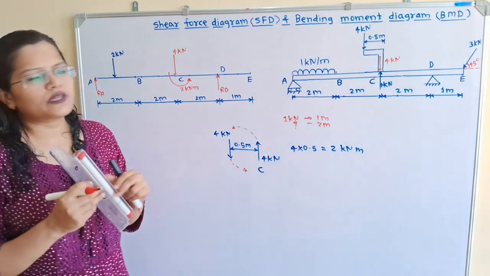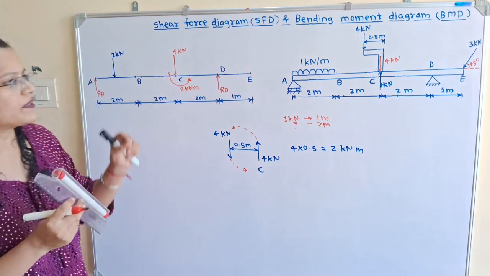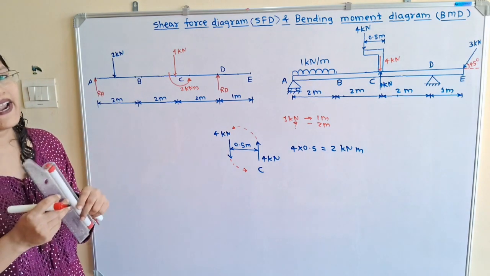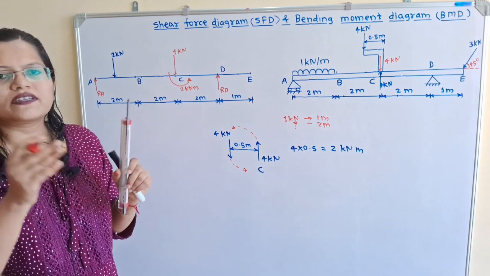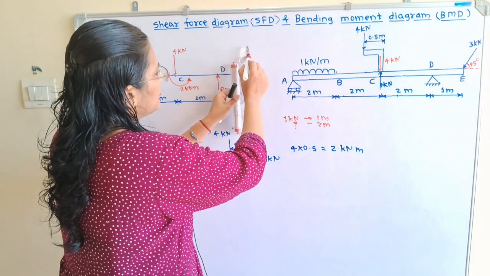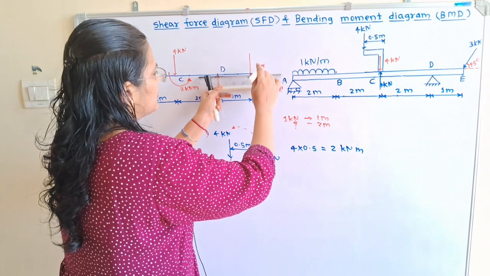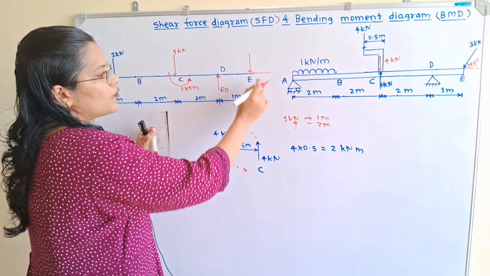Now we will move to the point E. At point E, an inclined force is given, that is 3 kilonewton acting at 45 degrees with the horizontal. We will resolve this force into two components, one vertical and the second horizontal. What is the value?